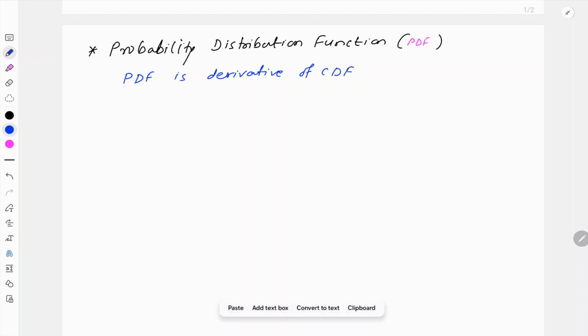So in equation form we can write it as, or it is denoted as, small f of capital X into small x.